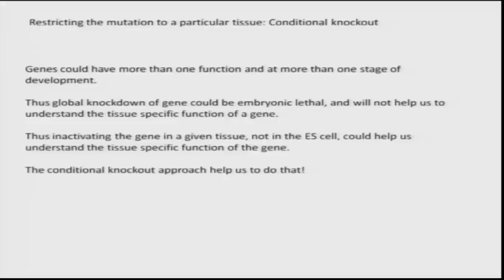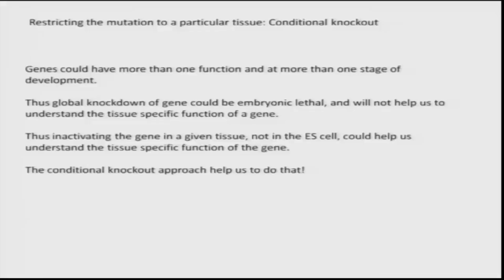So, that really helps, because it is not that the function of every gene is restricted to a given tissue. It may be working in several tissues. So, when you knock out the gene and see the end phenotype, you really do not know whether it results from a defect in a particular system or tissue, or is an effect of compromise in multiple organs and tissue systems.